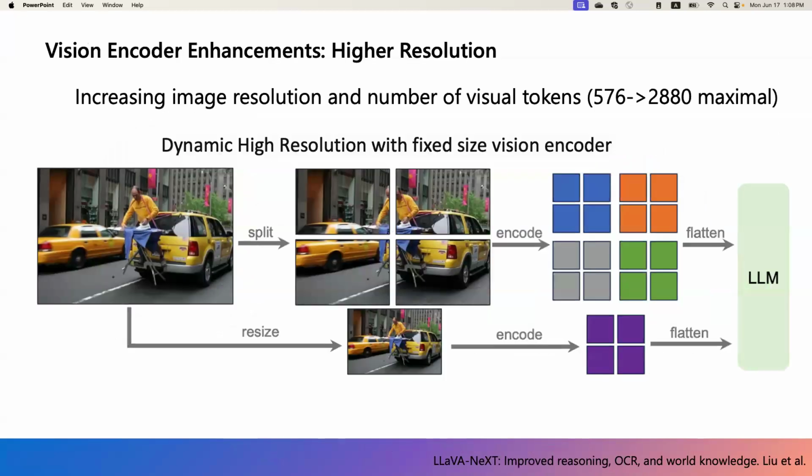So the first type of enhancement is high resolution. The original CLIP model can only take 224 or 336, but for example, in LLaVA 1.6, the authors proposed to crop the image into multiple sub-regions, sub-images, and encode the sub-regions one by one using the fixed-size vision encoder, CLIP Large 336. This is one of the earlier works trying to extend the capability of the fixed-size vision encoder.